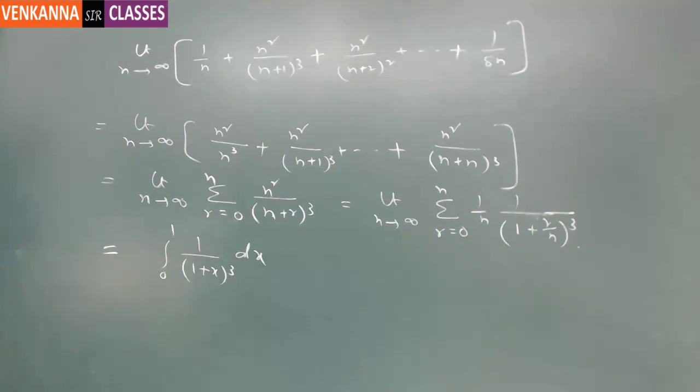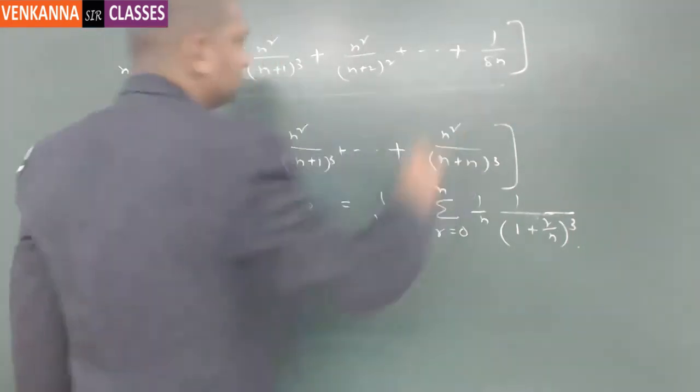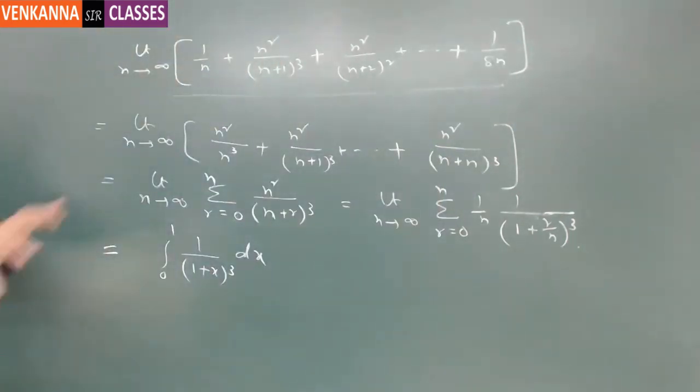Right. However, if you have a doubt with regard to 0, then what happens? Since limit n tends to infinity is applicable to this entire portion, here we are just finding the summation value.